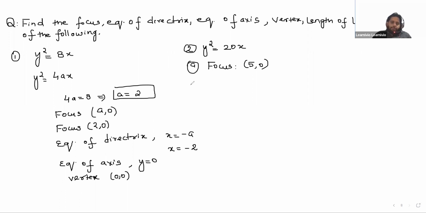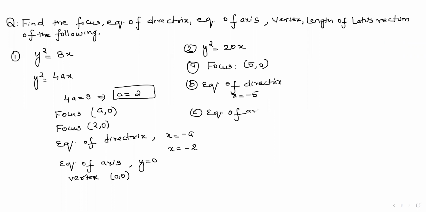Next is the equation of directrix: x is equal to -5. Next, equation of axis: y is equal to 0. Vertex: 0, 0.